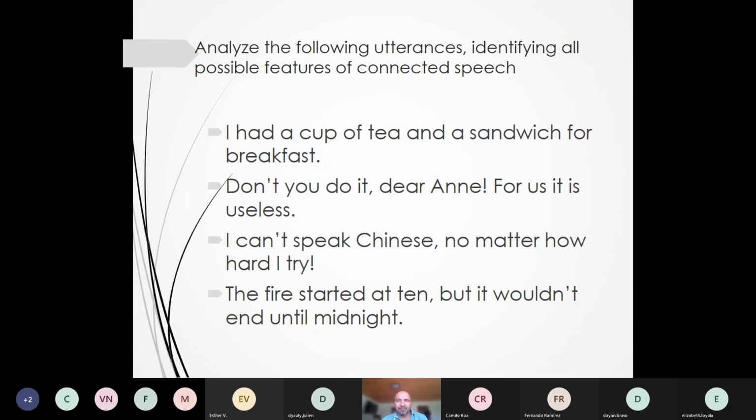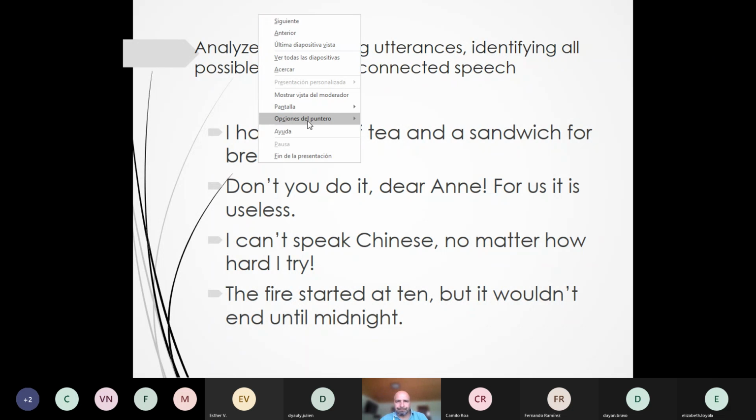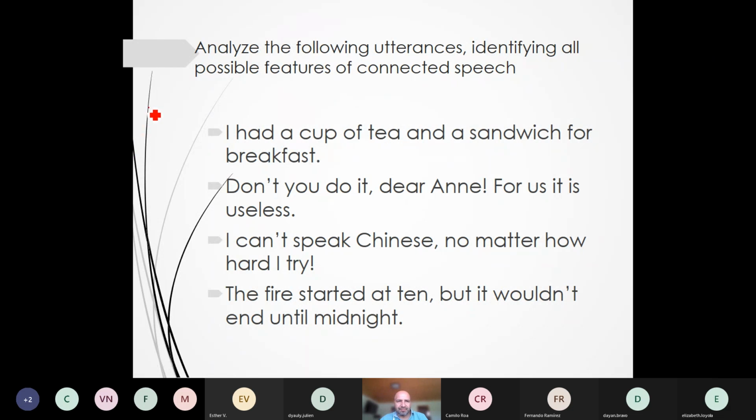Okay. So the idea is that we're going to analyze the utterances that are below. There are four, and the point of this is trying to identify the features of connected speech present in these. For this, you have to read the utterance aloud, and when you read it, probably it's going to make sense. Remember, we might think of elision within a word or between words.